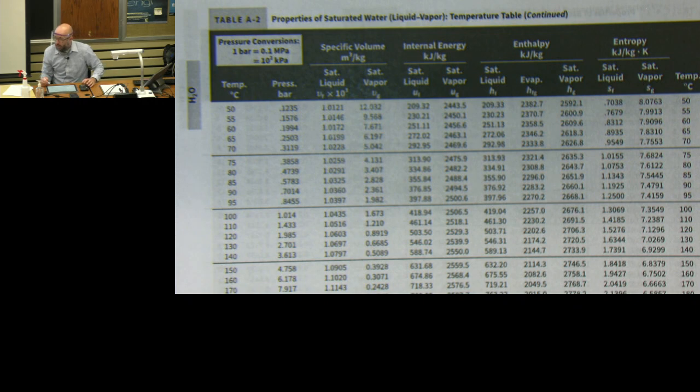That's my actual quality. This is much different than when I look at the volumes. The volumes, I said it was 60% vapor. But that vapor doesn't have as much mass as liquid water has. So even when 60% by volume of a container is vapor, the quality of it is still 0.4.